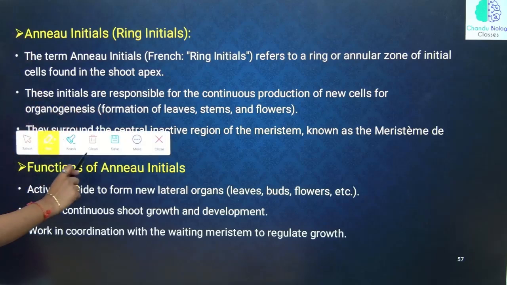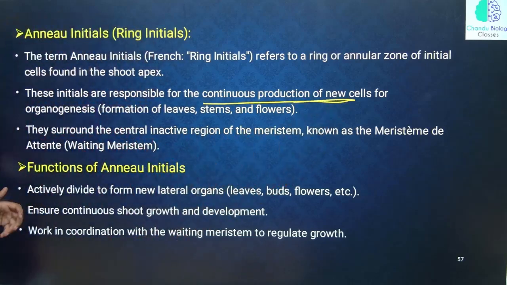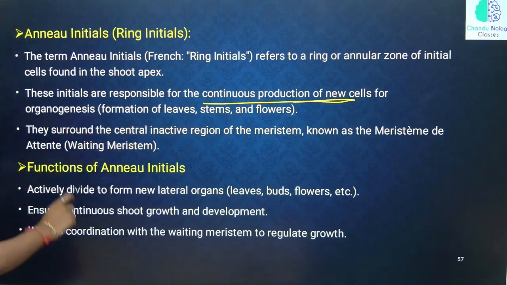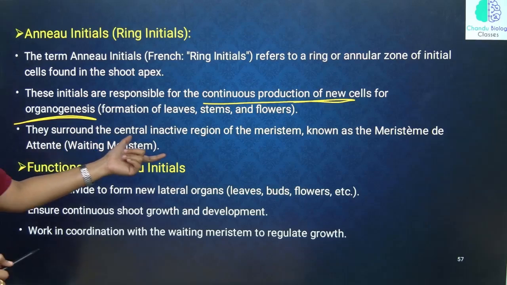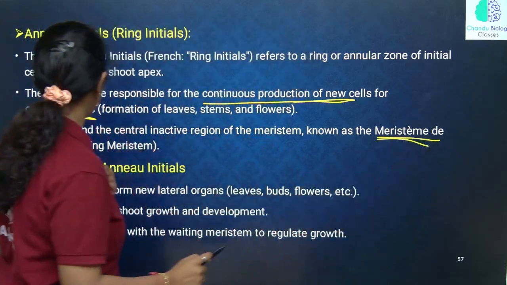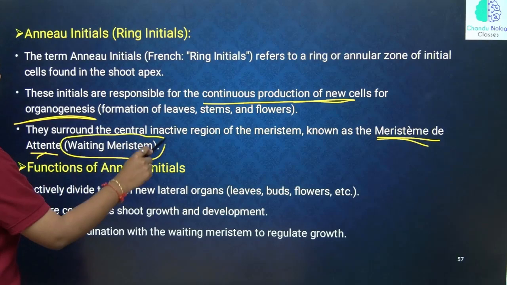These initials are responsible for continuous production of new cells for organogenesis. They surround a certain inactive region of the meristem, which is called Meristem d'attente, the waiting meristem.